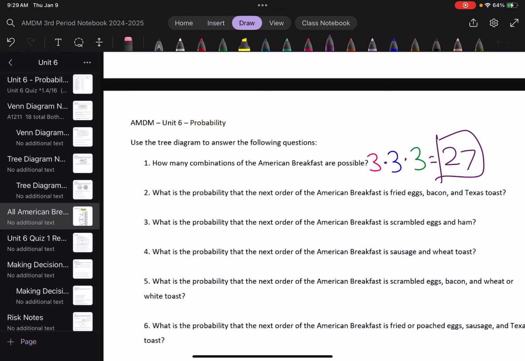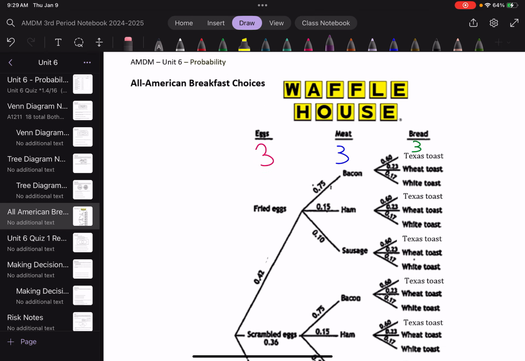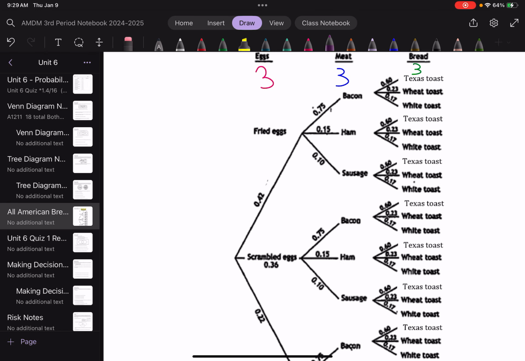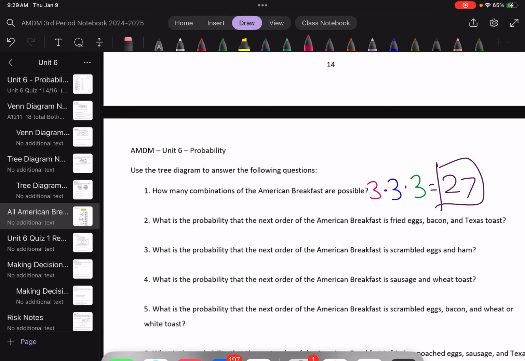It says, what's the probability that the next order of the American breakfast is fried eggs, bacon, and Texas toast? Fried eggs is worth 0.42. I multiply that by the bacon, which was 75% of people, so 0.75.